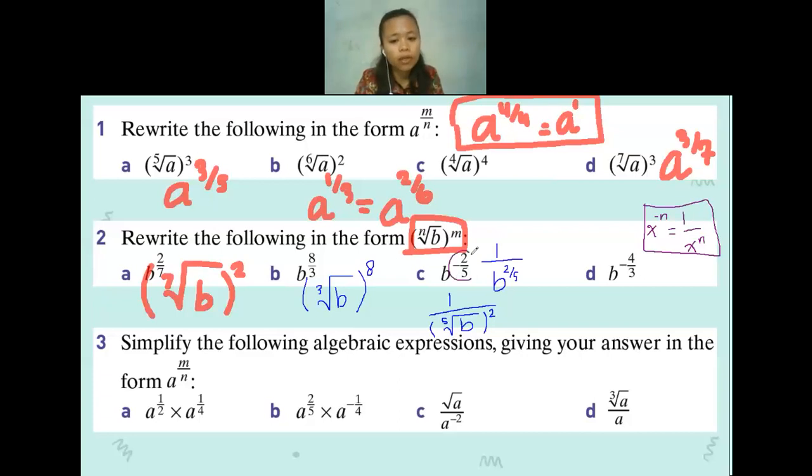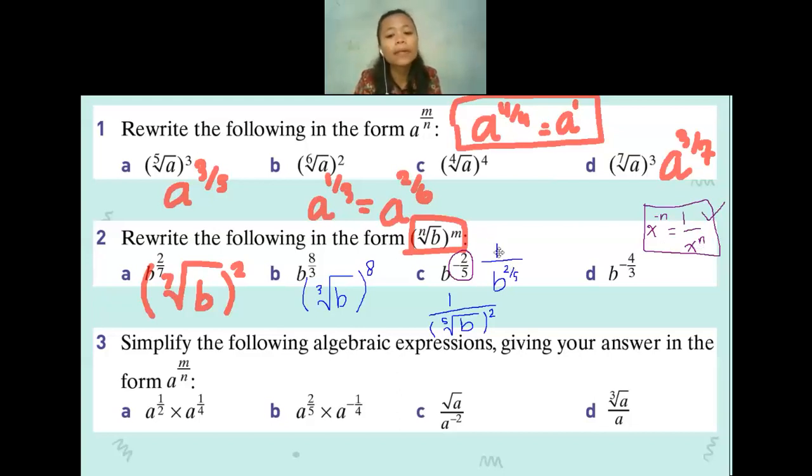Or is there anyone who still does not recognize these index laws? Okay, now when we have b to the power of negative 2 per 5, this is negative. So we are going to use these laws to change it into a positive power. That's why it will be 1 per b to the power of 2 per 5. There is no negative anymore when we change it into a fraction.